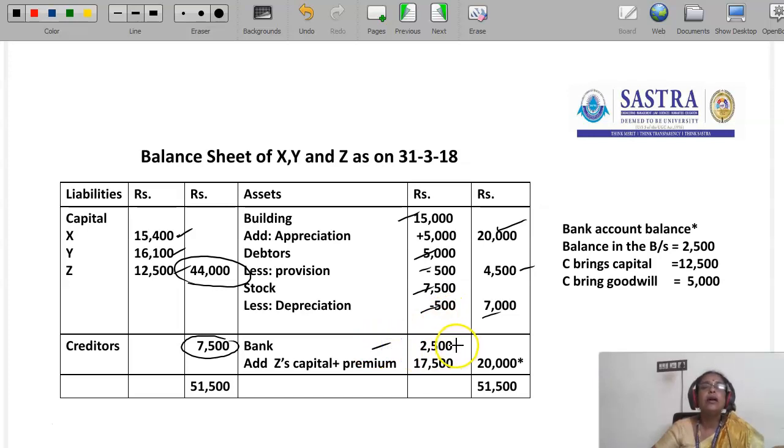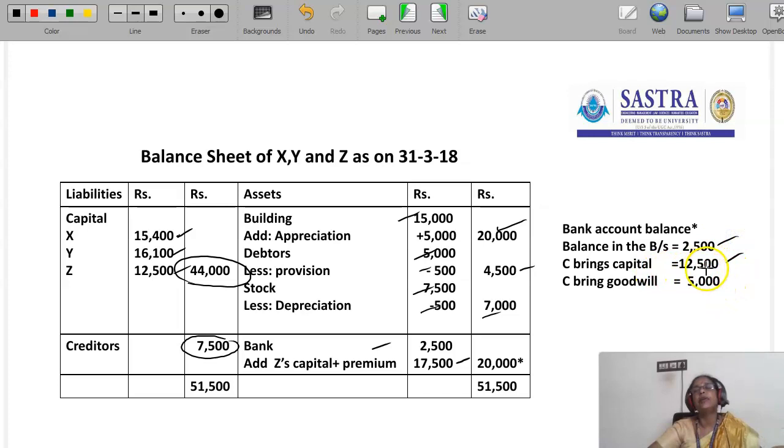Then bank. The bank balance in the balance sheet is 2,500. We have to add the Z capital plus premium. Z brought 17,500 worth of cash and so that should be added. Here is the working. Balance sheet balance is 2,500.